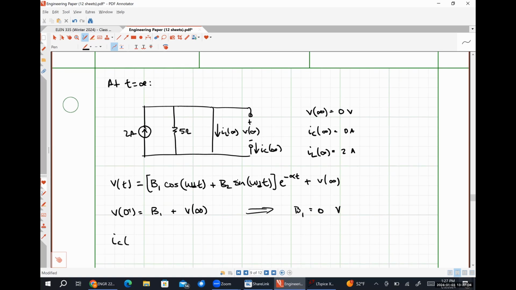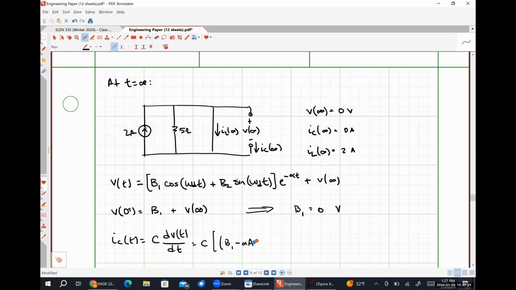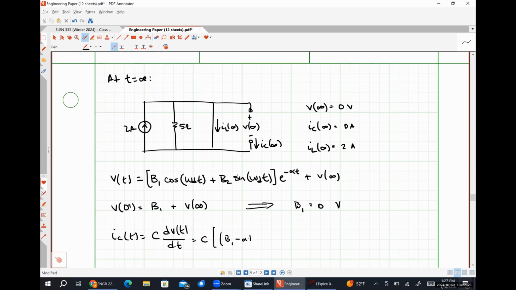So IC of t is going to be C times the derivative of V of t, which is going to be C times, let's see, I think it's B1 minus alpha, excuse me, B2 cosine omega d t minus, no, I think I have that wrong.